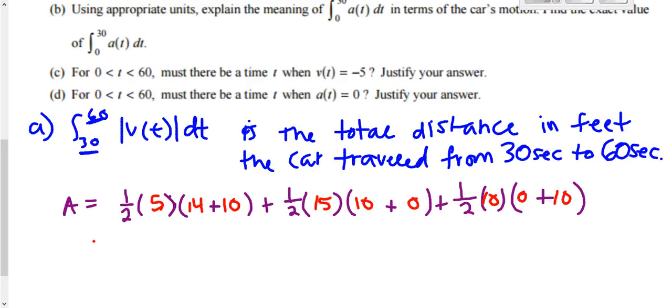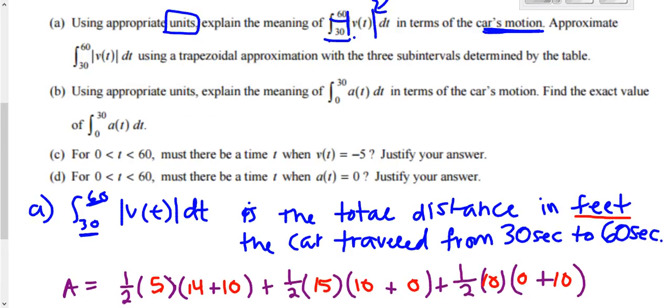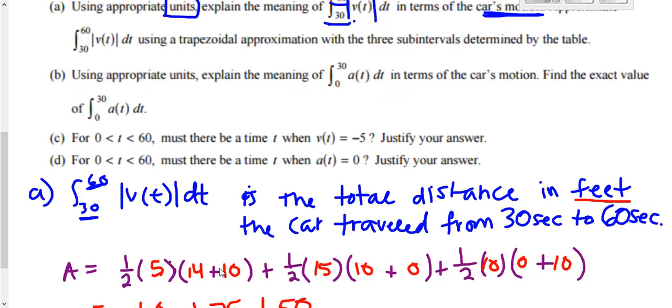When I multiply all this out, I have 60 plus 75 plus 50, which gives me 185. And this is total distance traveled in feet, so I need to make sure that this says feet. And there we go, part A. We have determined everything we need to determine.